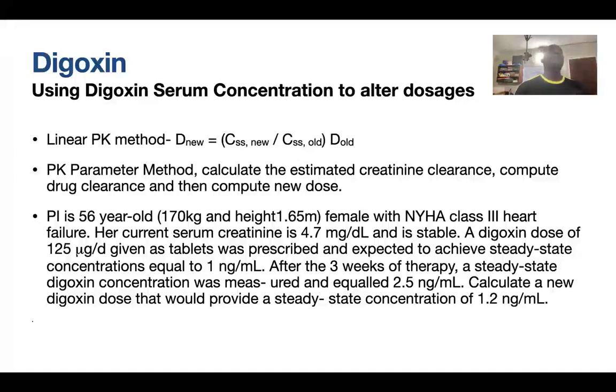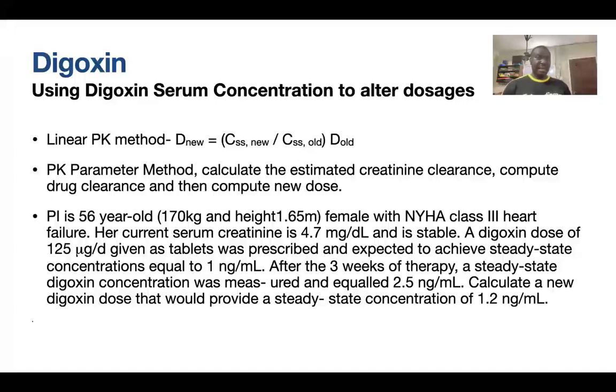If you use the pharmacokinetic parameter method, that might give you something a bit more accurate, because it takes into cognizance the creatinine clearance of the patient, if it has changed. It also takes cognizance of the patient's weight and helps to adjust if the patient is obese or normal weight.